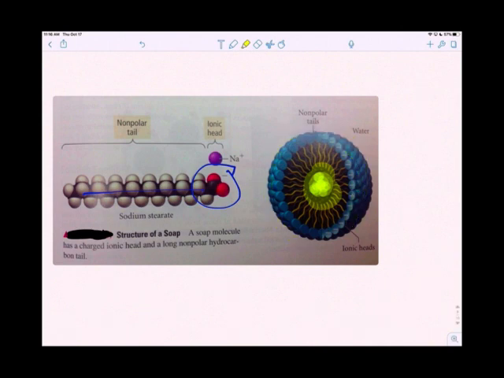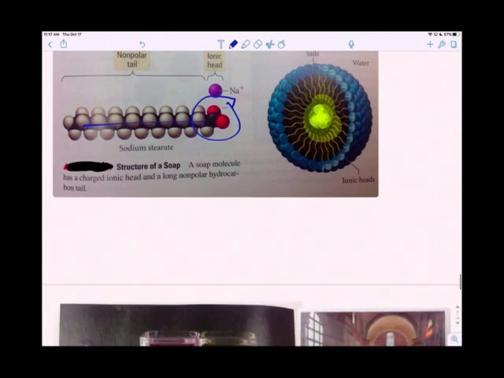For the biology folks, this looks kind of like a cell membrane. A cell membrane is called a phospholipid bilayer. What's a phospholipid bilayer? It's a phosphate group connected to a hydrocarbon, and there are two of them.